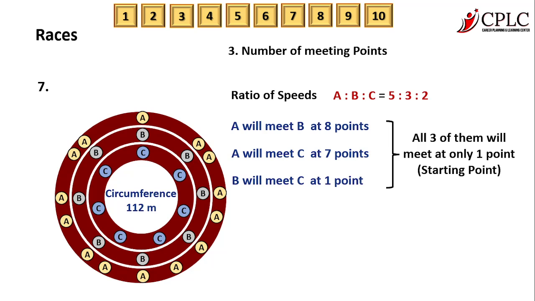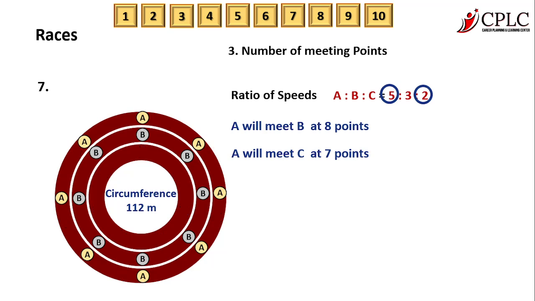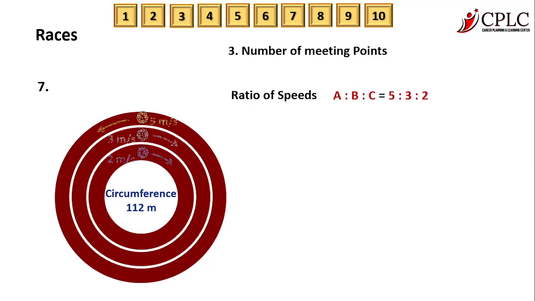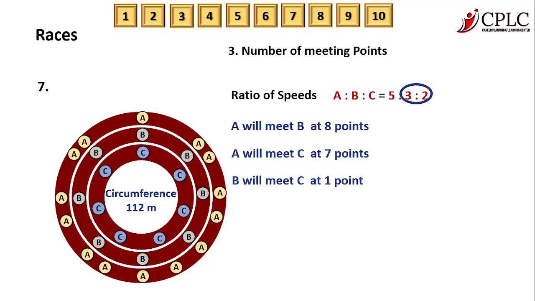So the idea here is the answer of the second question is as good as the time taken for the first meeting, because once the race has begun, all three of them are not meeting anywhere except the starting point. So of course, that's the reason the answer for question number 2 is also 112, and the answer of question number 3 is 1 point only, which is the starting point.